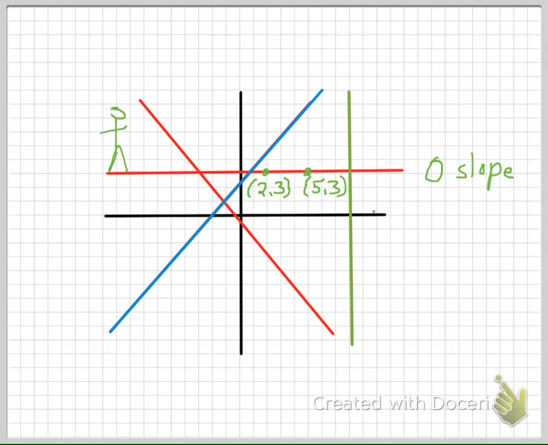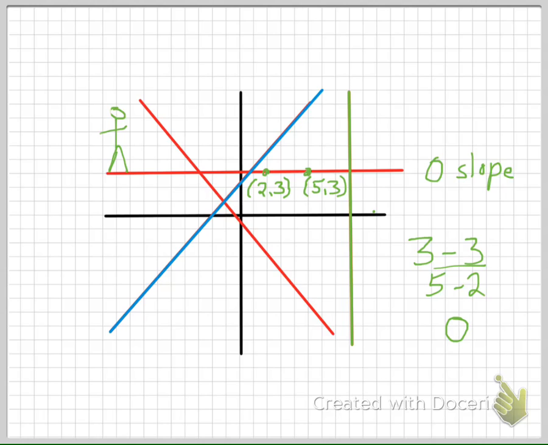So if I take those x and y values and I subtract, then I end up with 3 minus 3 over 5 minus 2. In other words, my change in y is 0 because my y value stays the same.